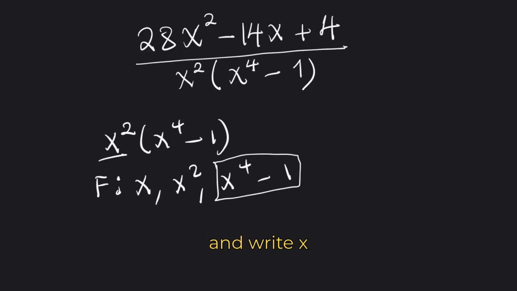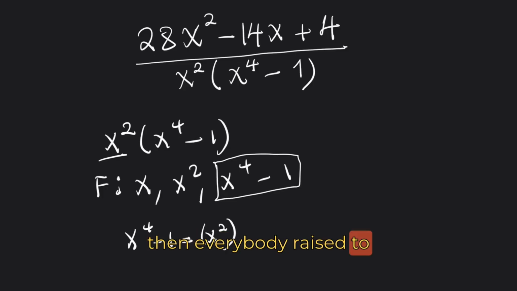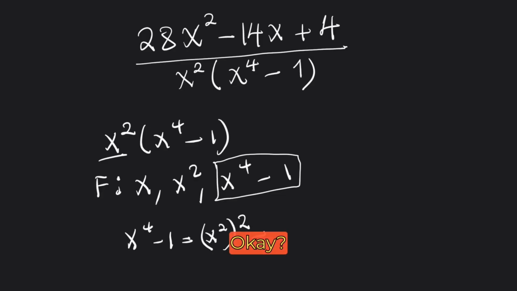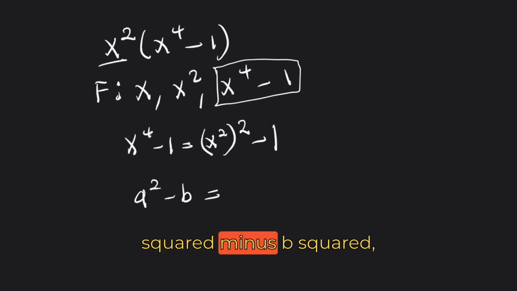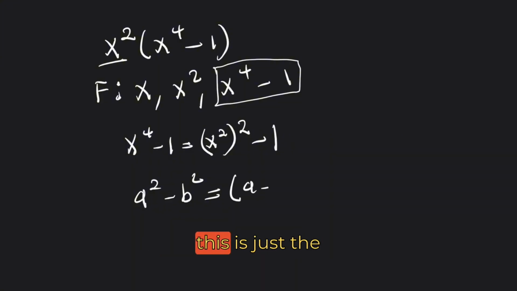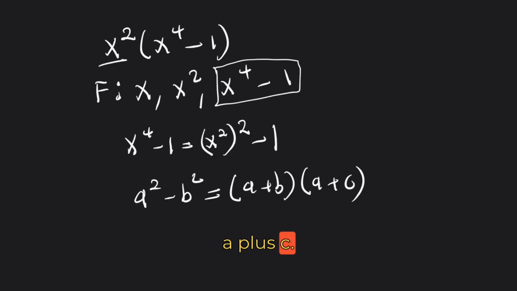So let us go ahead and write x to the power 4 minus 1 to be equal to x to the power 2, everybody raised to the power 2, minus 1. By the difference of two squares, if we have a squared minus b squared, this is just the same as a plus b, then a minus b. Take your a to be x squared and b as 1.